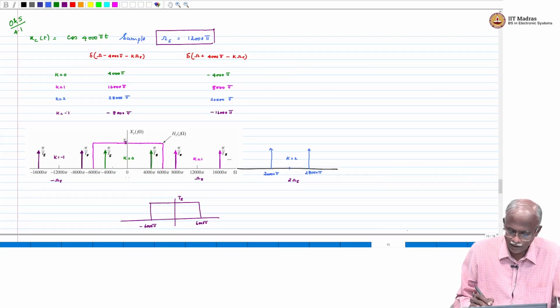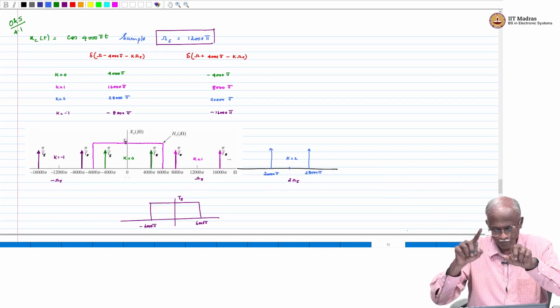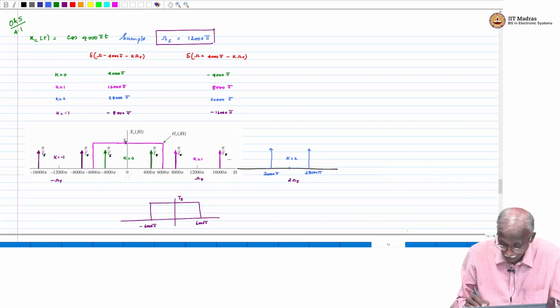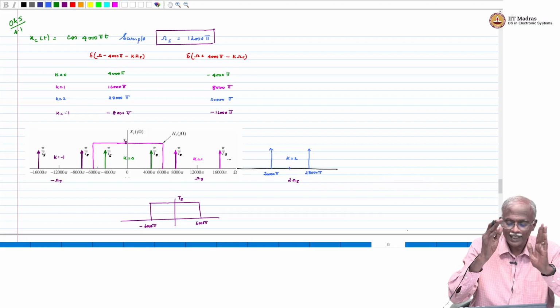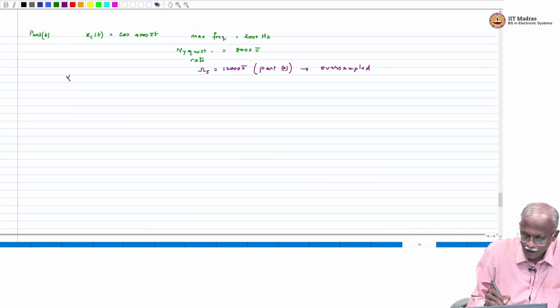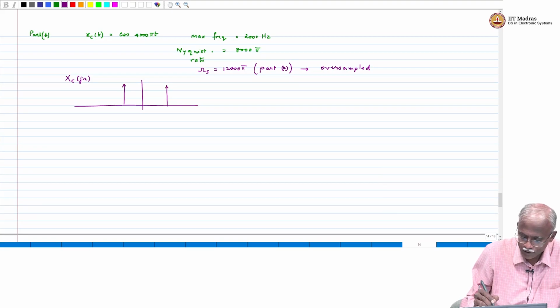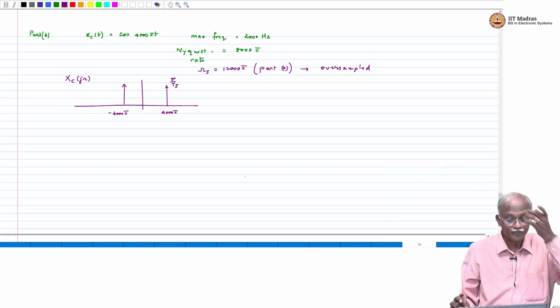Basically there are two impulses, at 4000 pi and minus 4000 pi, in xc of j omega, and the height is pi over Ts.